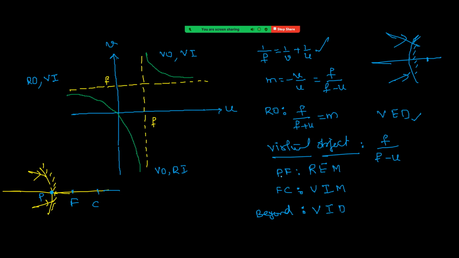Virtual object, like in between pole and focus, between F and center of curvature, beyond center of curvature. So like this, we can get the nature of image by using mirror equation and magnification. So I hope you got clarity and you can practice once on your own. You get more clarity, right?